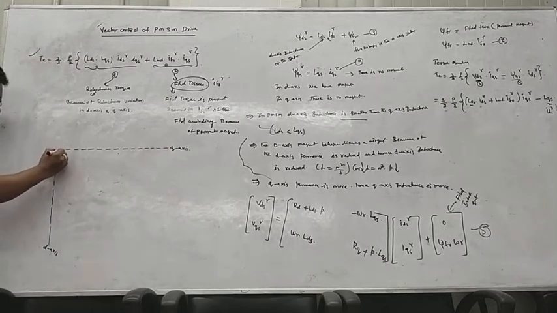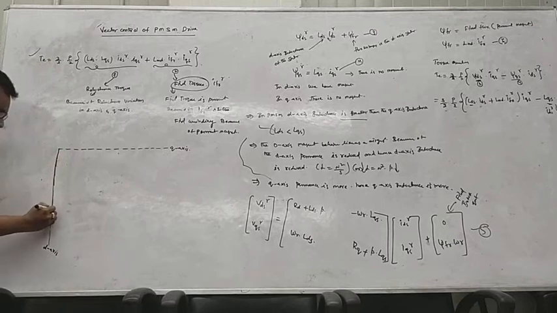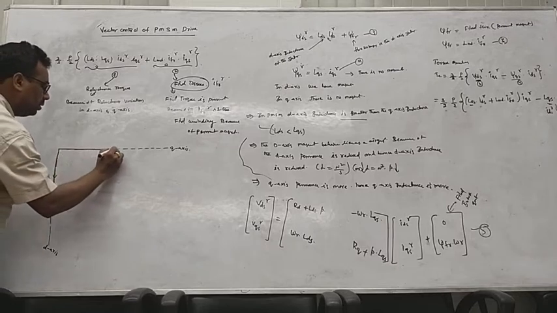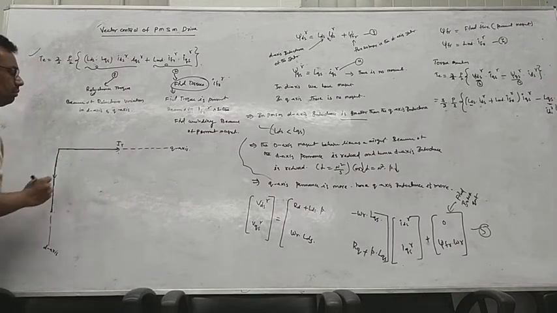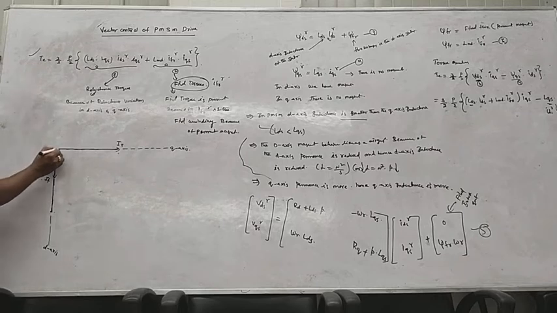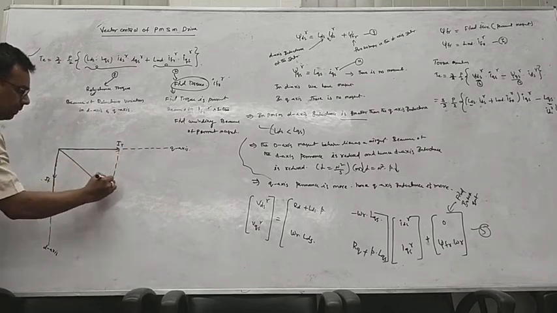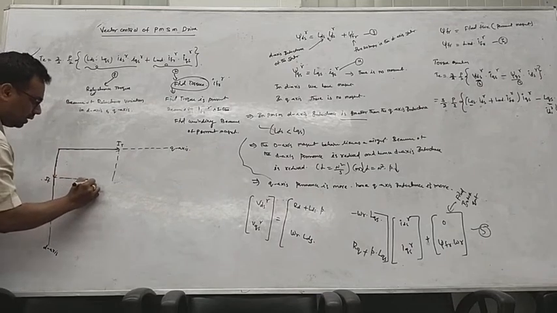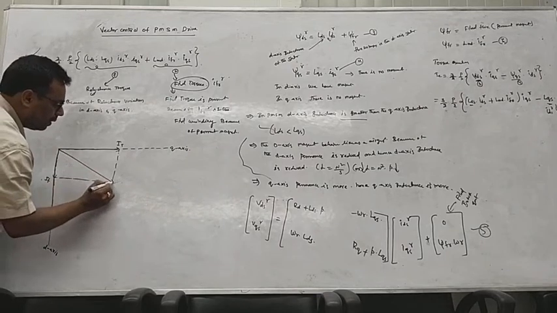In the d-axis component there will be a field current, IF. Here the torque component is IT. The resultant of these two components gives the stator current IS.